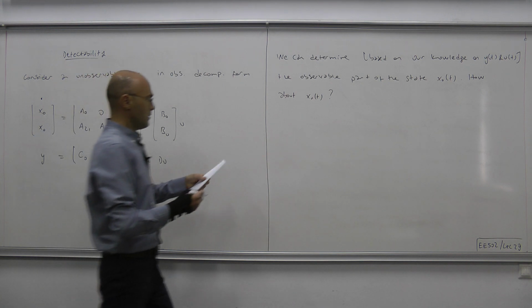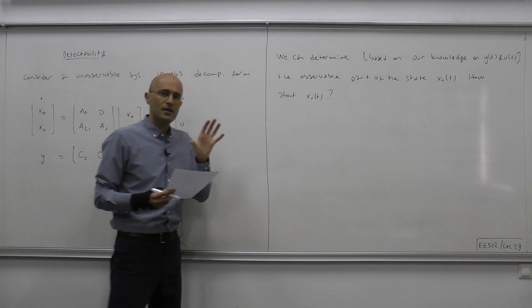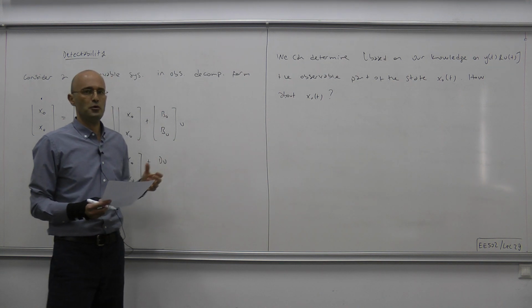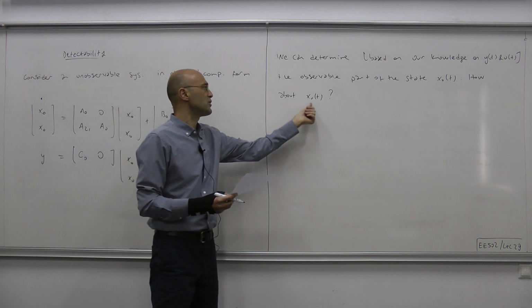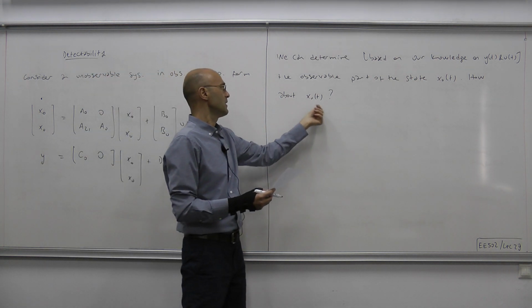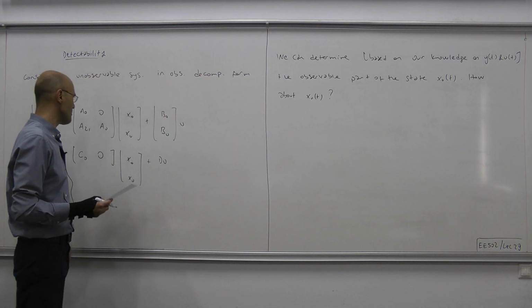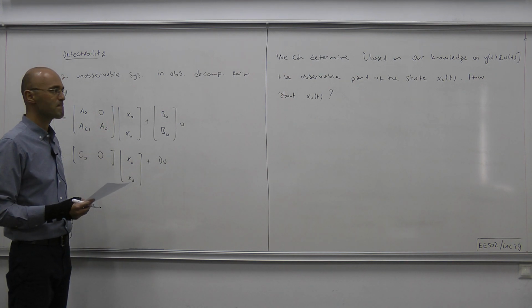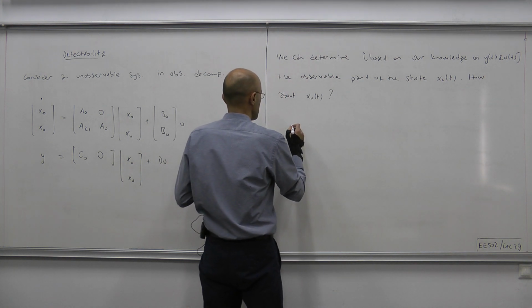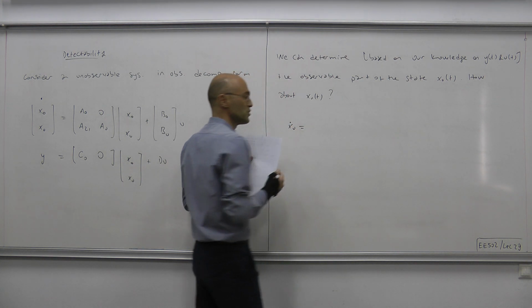But still, let's try to make some conclusions regarding the behavior of xu of t, or our knowledge of xu of t, based on the system parameters. So let's write the xu dynamics, or xu subdynamics.